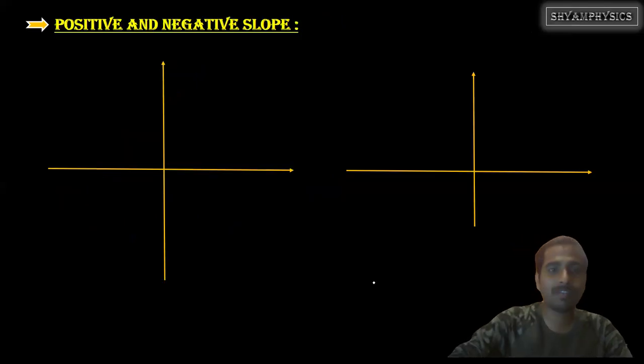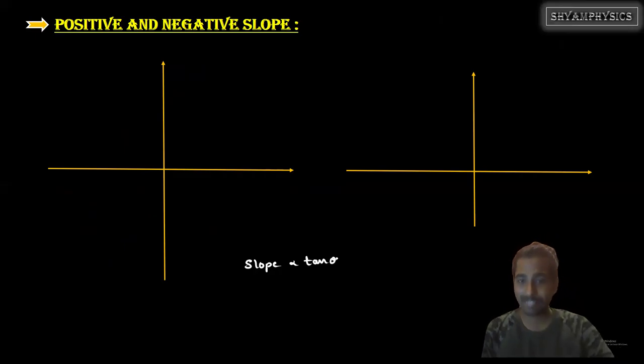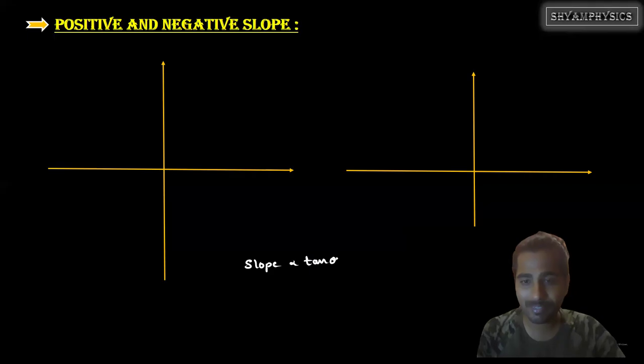Now coming to negative slope and positive slope. I told you slope is the measurement of tan theta. If tan theta is negative, then the slope is negative. If the slope has to be positive, tan theta must be positive.